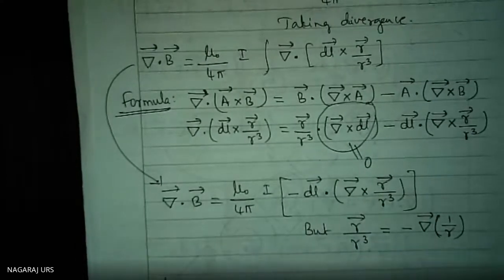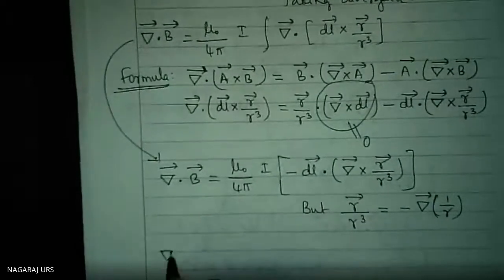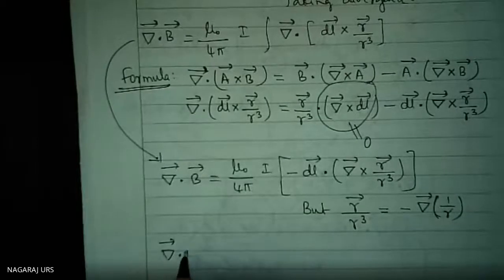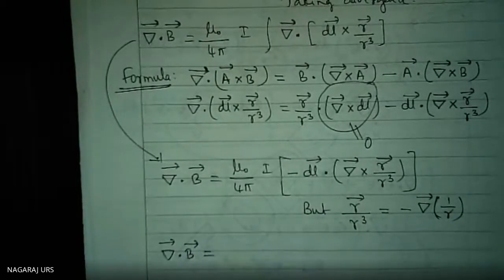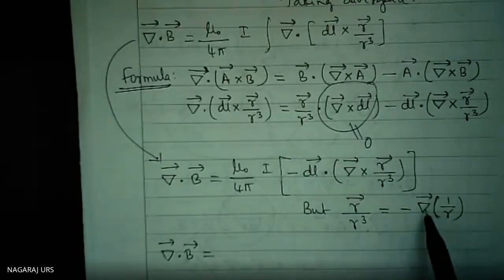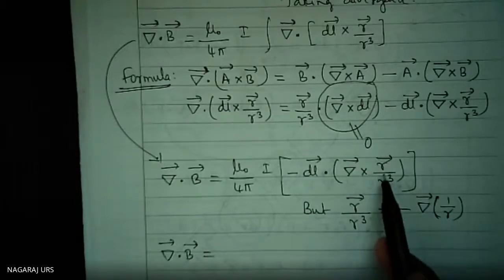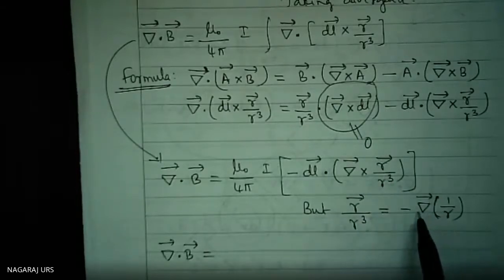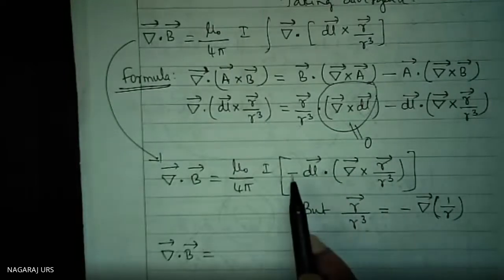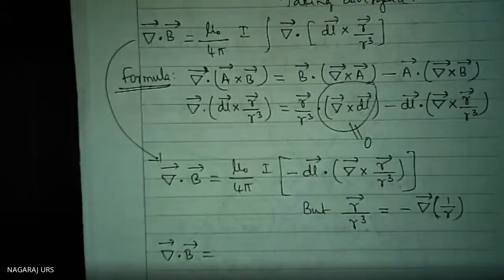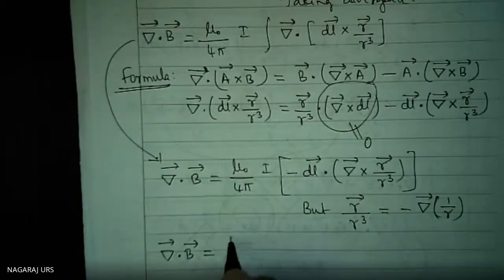Substitute these ideas here. Del dot B is equal to, apply this idea. If you put this value here, you will get a negative sign. That negative into negative is equal to positive here. Follow this, you will get a positive value only.